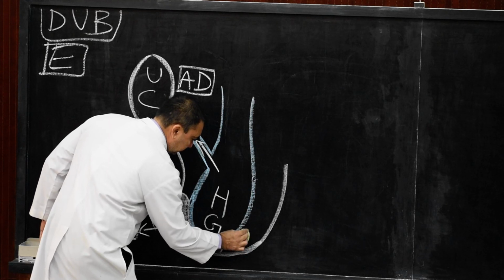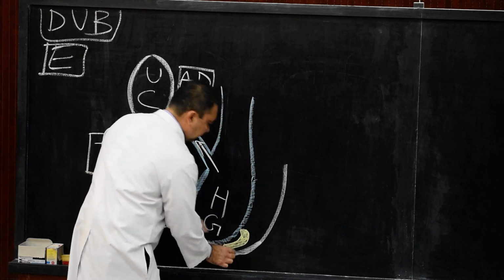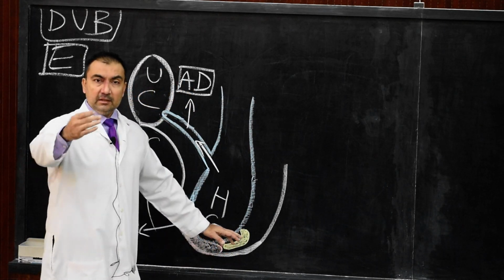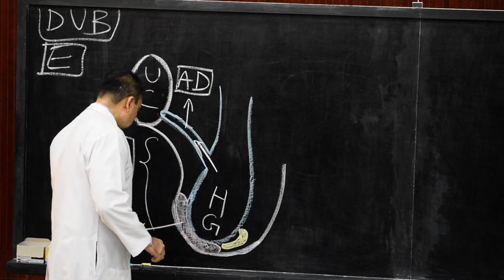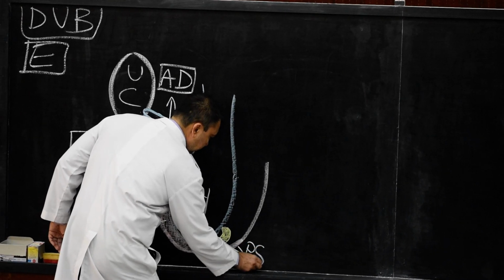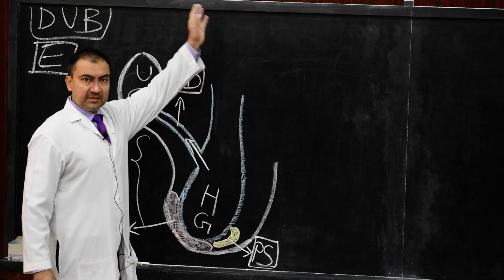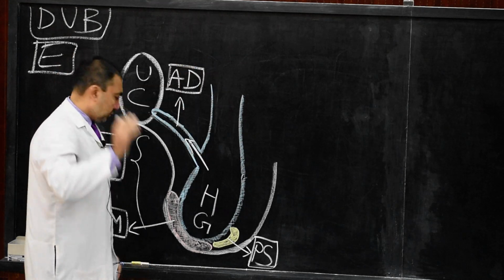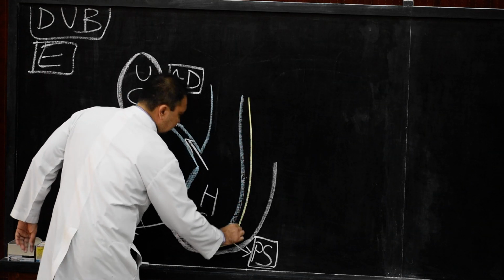So this is the primitive streak which is present in the caudal as well as the dorsal part of the hindgut. Here I will mark this as primitive streak. And we know that this primitive streak will continue dorsally as the notochord. So you can show the notochord like this.